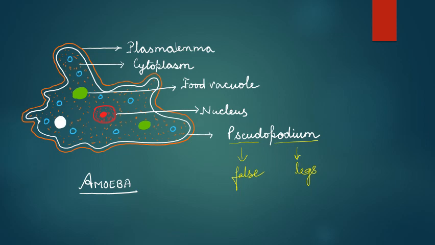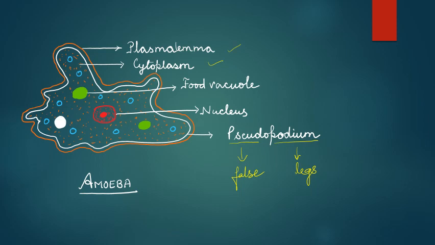The cellular structure of amoeba: the outermost covering of its body is plasma lemma. This is a thin membrane, and inside the plasma lemma is the fluid of the cell, which is called cytoplasm.